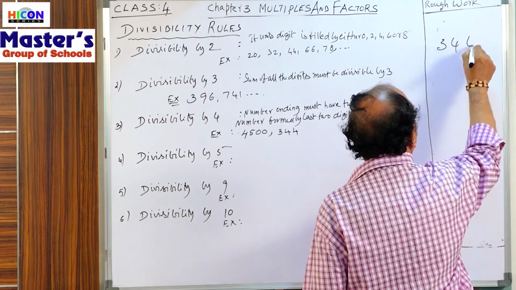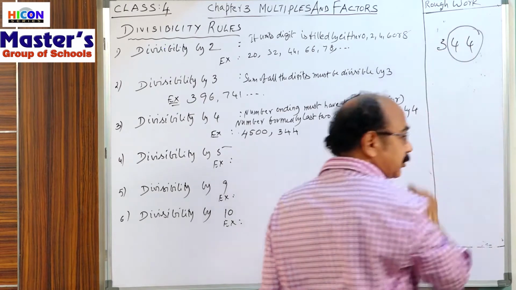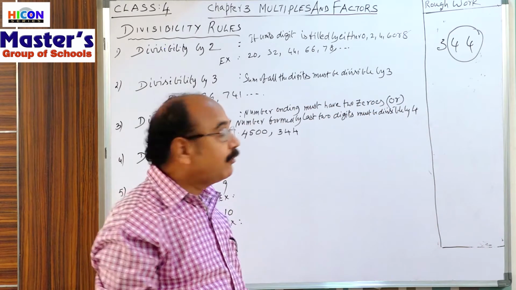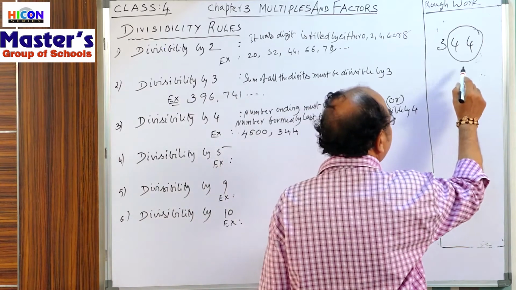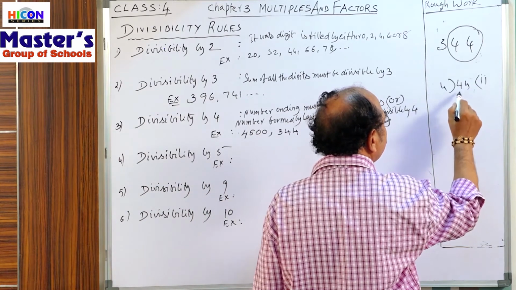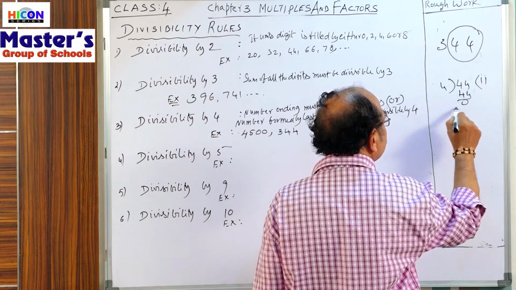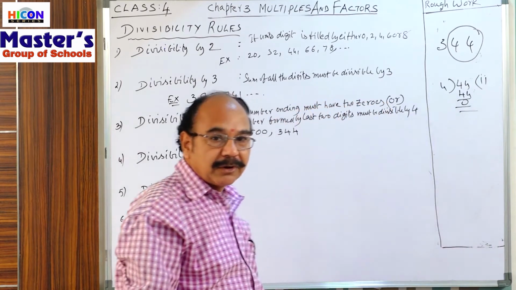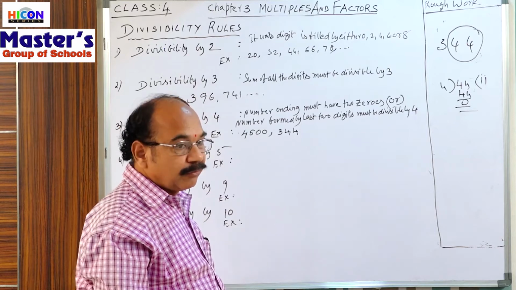What is the number formed by the last two digits? 44. 44 is divisible by 4. 4 elevens are 44. So it is divisible by 4.